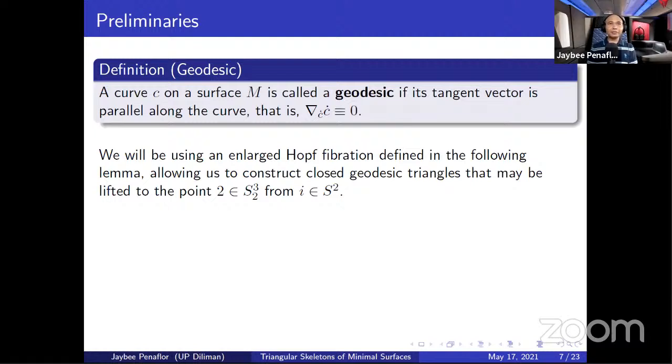I took this definition from the standard textbook in differential geometry. We define a curve C on a surface capital M as a geodesic if its tangent vector is parallel along the curve. That means that the directional derivative of the tangent vector along the tangent vector is identically zero.